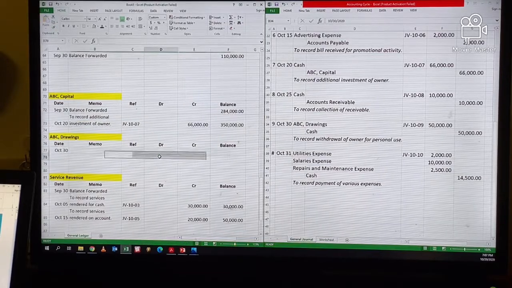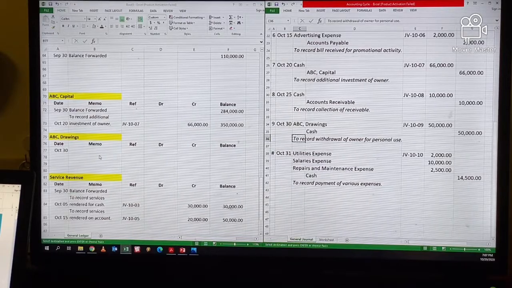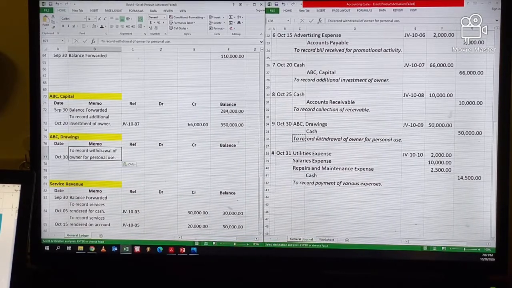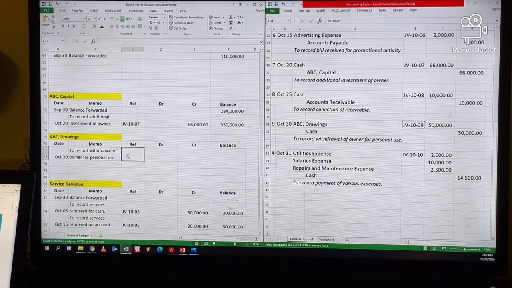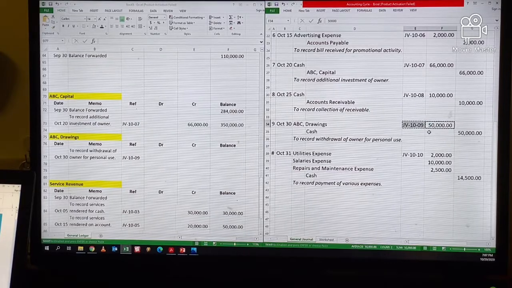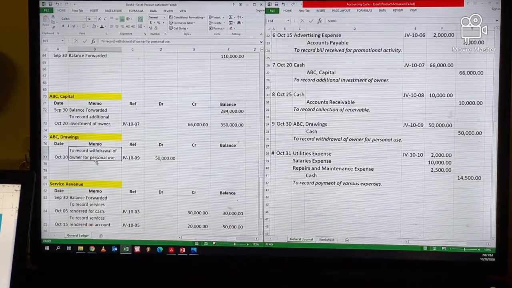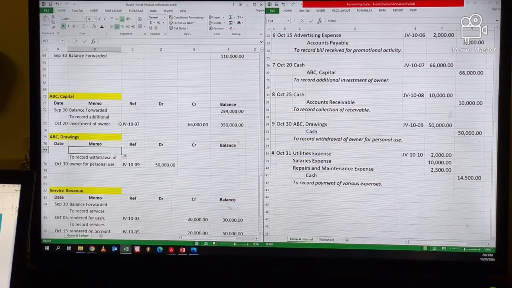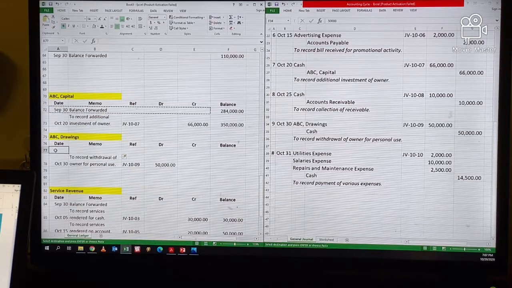Format lang natin ang formatting niya. Okay, so, memo. I-copy natin ang memo. Then, ang reference, nasa number 9 na tayo. Then, siya ay debit. Dahil kabawasan siya sa capital, ang normal balance po ng inyong drawings ay debit.